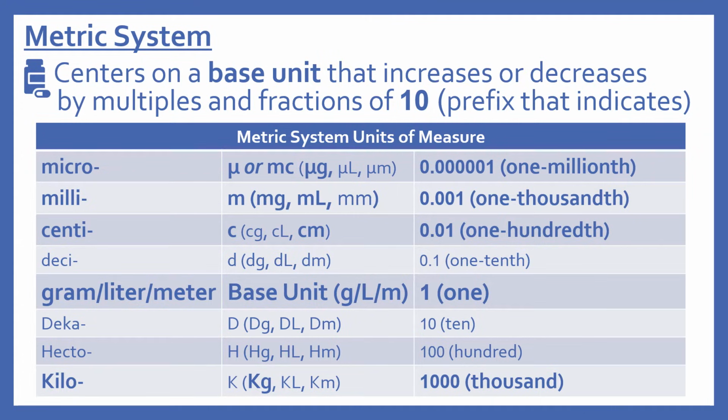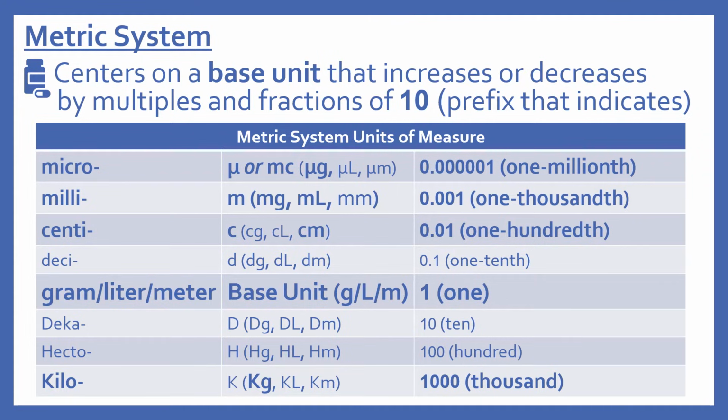So if you look in the middle of the chart where it says base unit, the base units are gram, liter, and meter. And moving up the chart, first we see the prefix deci. So a decigram would be 1/10 of a gram. Then a centigram would be 1/100th of a gram. A milligram would be 1/1000th of a gram, and a microgram would be 1/10,000th of a gram.